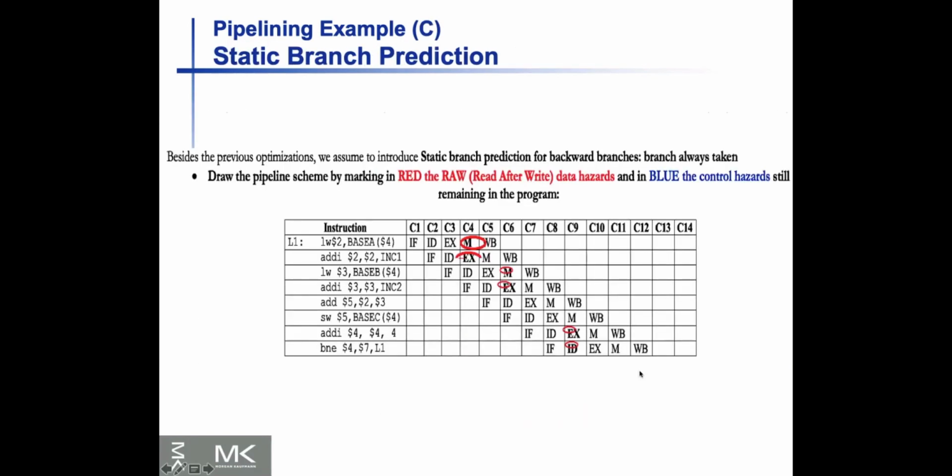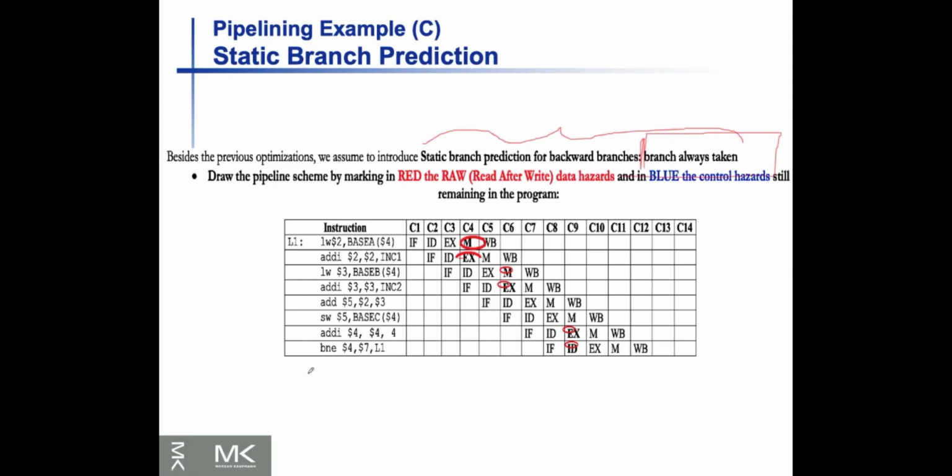Now, we have introduced another optimization, which is static branch prediction. Recall in chapter 4, we had branch predictors, so dynamic or static. In this case, it is a static branch predictor, and the statement says static branch predictor for backward branches, which is statically backward always taken.